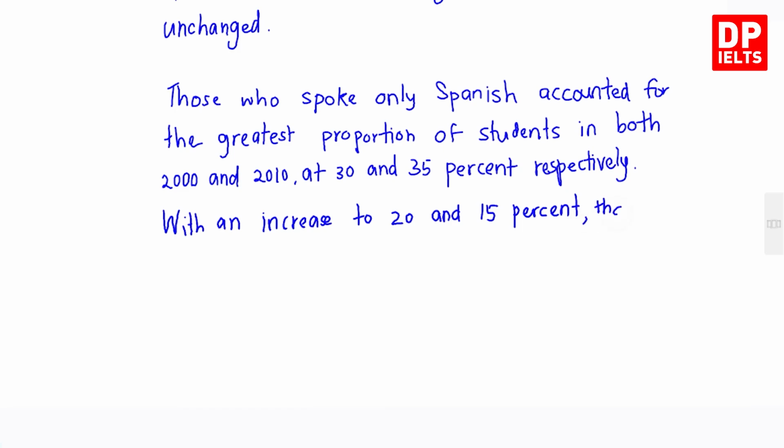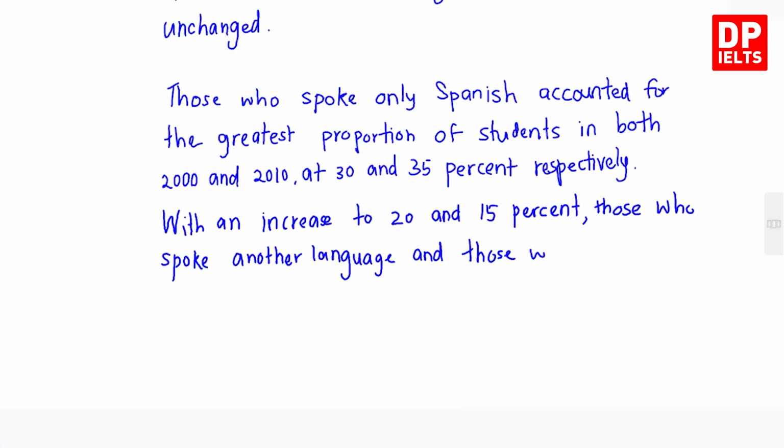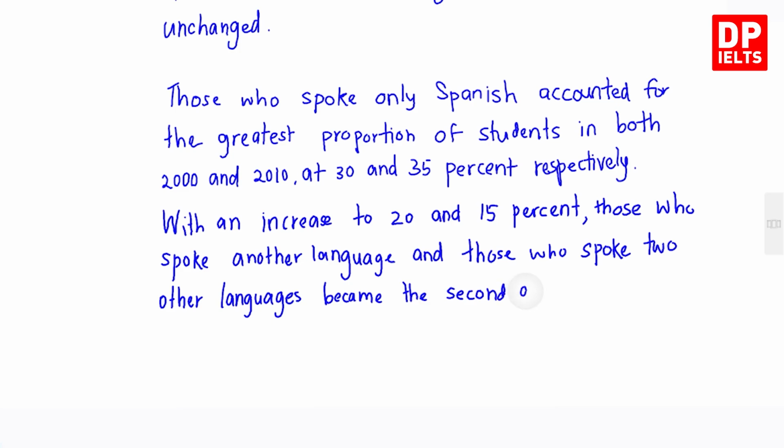Those who spoke another language and those who spoke two other languages became the second and third largest groups in 2010.